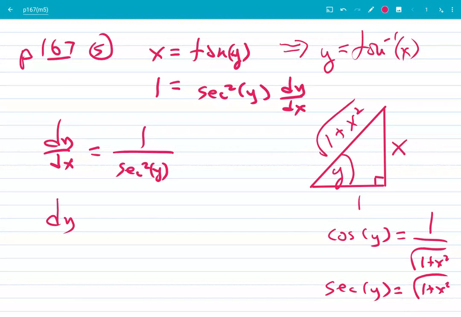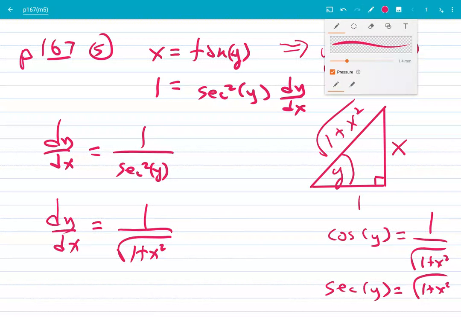So dy dx is 1 over the square root of 1 plus x squared if y equals arctan of x. You just found a new derivative. Yay! Amazing.